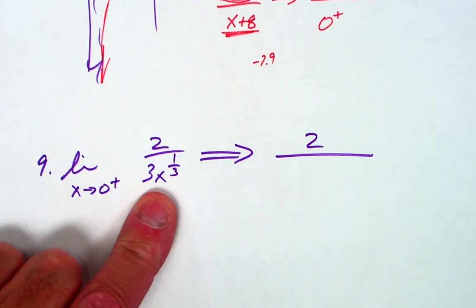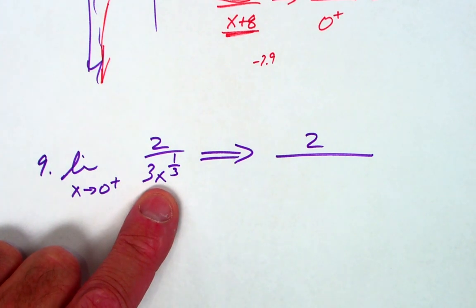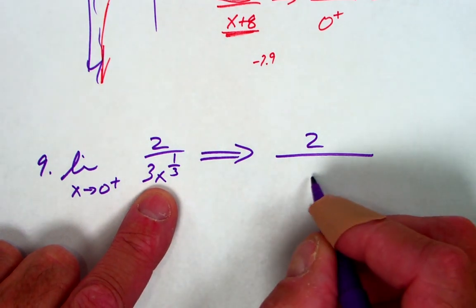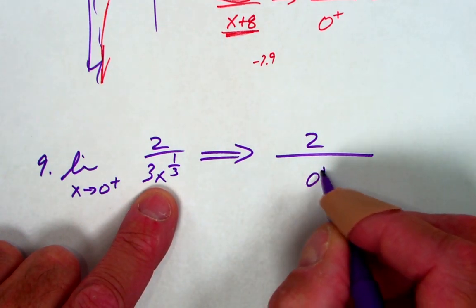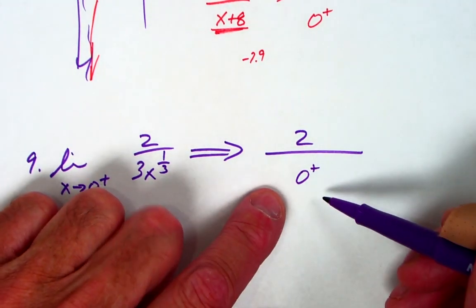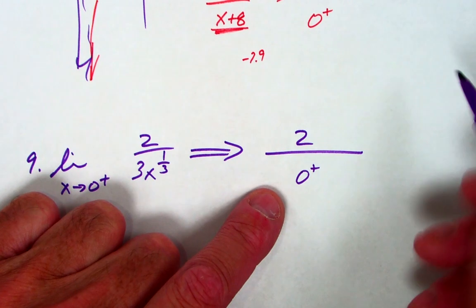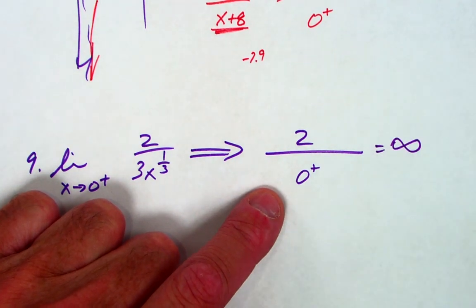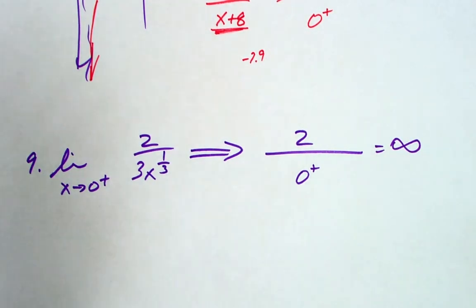So is the bottom going to be positive or negative? Positive. It's going to be positive, but really close to 0. So this is approaching 0 from the positive direction. So 2 divided by a really super small positive is positive infinity. So we can just take a look at if it's getting closer to 0 from the positive side or from the negative side. That'll tell us what the split's going to be and how it's going to behave.